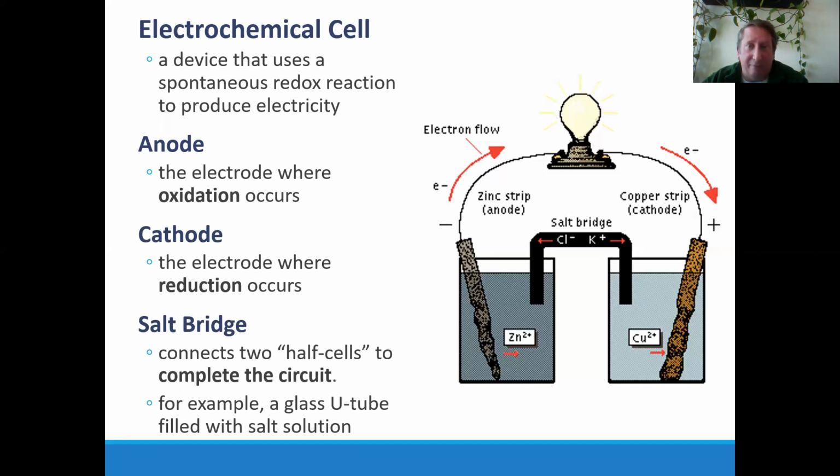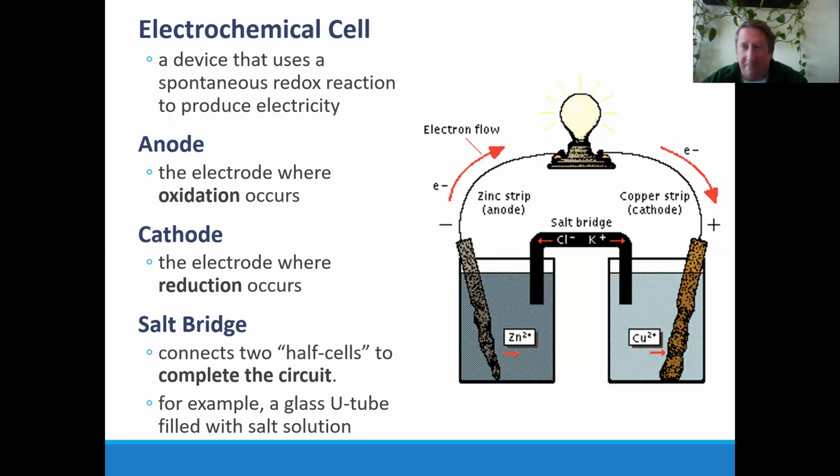Electricity is going to flow from the zinc strip where electrons were being lost. Those electrons will travel through that external wire, through our light bulb and light the light bulb, and then they're going to flow over to the copper strip, where the electrons will be gained and reduction occurs.